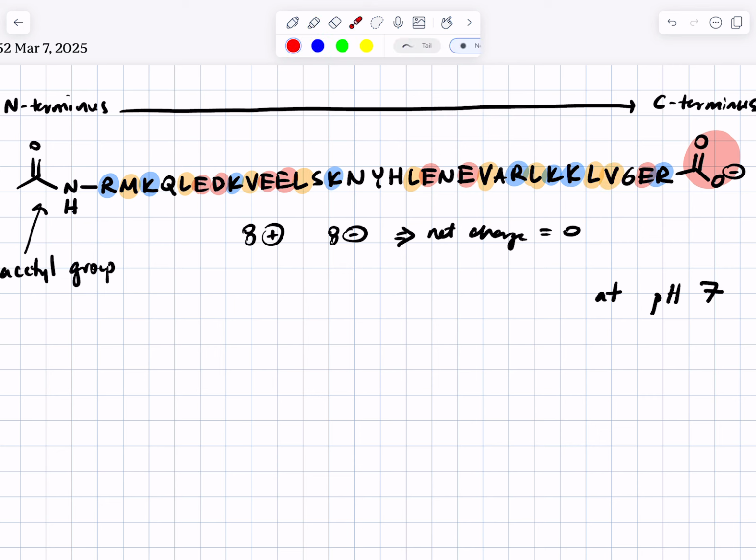Okay. So here is this sequence, and if you don't know the pattern is there, it's hard to see.